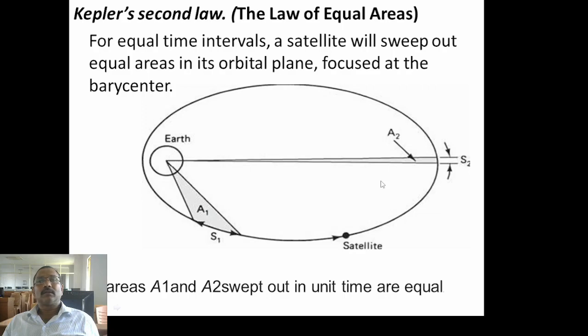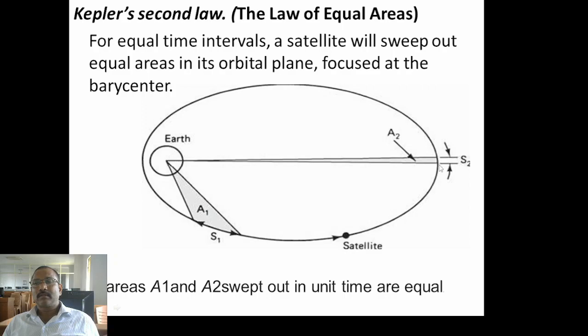So the law of equal area says that for equal time interval, a satellite will sweep out equal area in its orbital plane. The time interval is very important. For example, about the sweep here, that is the distance S1 and S2.